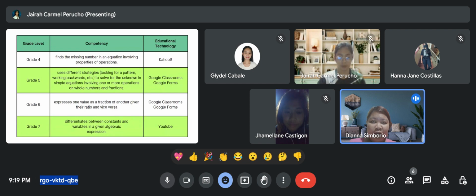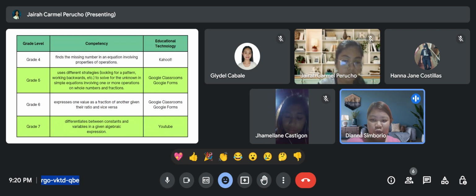So the educator can use Google Classroom to have active participation of the students so that they can express one value as a fraction. For the Google Forms, the teacher can have an assessment where they can upload their answers or make a quiz on the Google Forms.